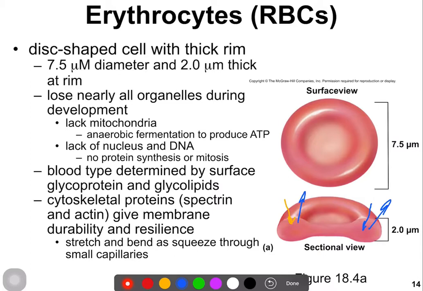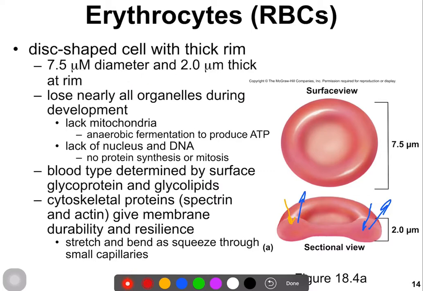It also allows the red blood cells to be a little bendy, because they're going to have to go through very small capillary spaces. To give you an idea, we're looking at 7.5 micrometers diameter, about 2 micrometers in thickness. And when mature, they lose nearly all their organelles.